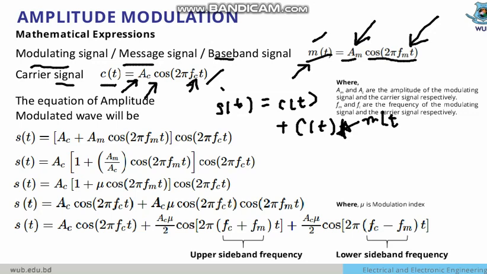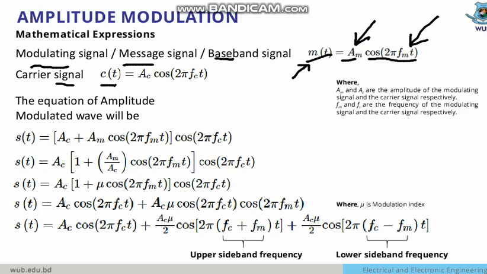Then you put in the values, and there is some shifting, giving Ac cos 2πfc t and Am cos 2πfm t.